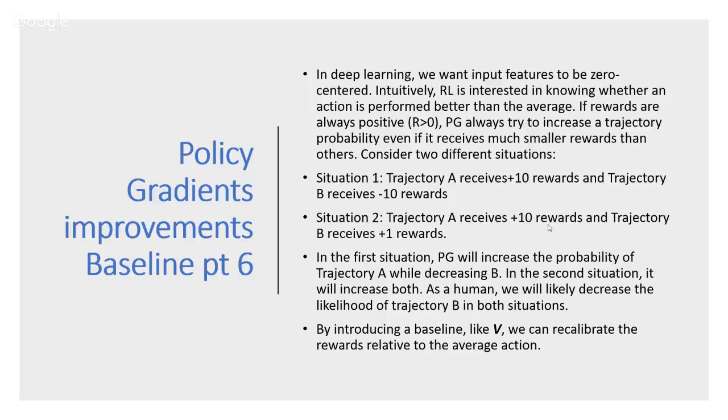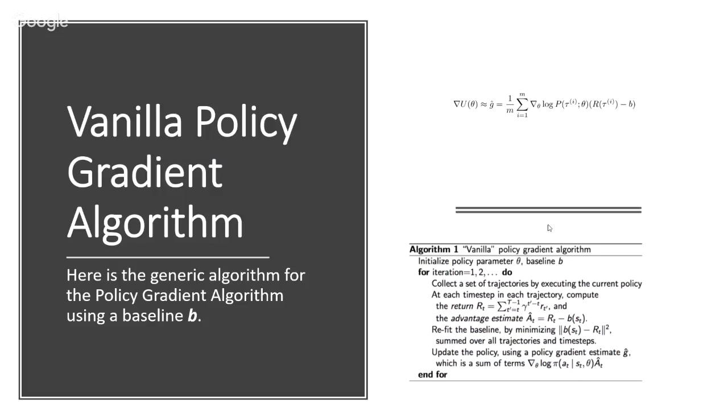In the first situation, PG will increase the probability of trajectory A while decreasing B. In the second situation, it increases both. As a human, we would likely decrease the likelihood of trajectory B in both situations. By introducing a baseline like the value, we can recalibrate the rewards relative to the average action.